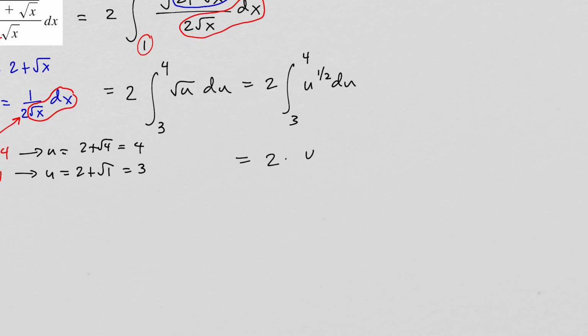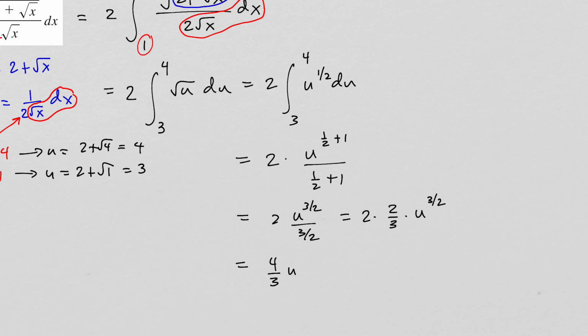And the antiderivative is going to be u to the 1/2 plus 1 divided by 1/2 plus 1, which is 2u to the 3/2 divided by 3/2, which is 2 times 2/3 times u to the 3/2, which is 4/3 u to the 3/2, and then now I'll bring our limits back into it from 3 to 4.